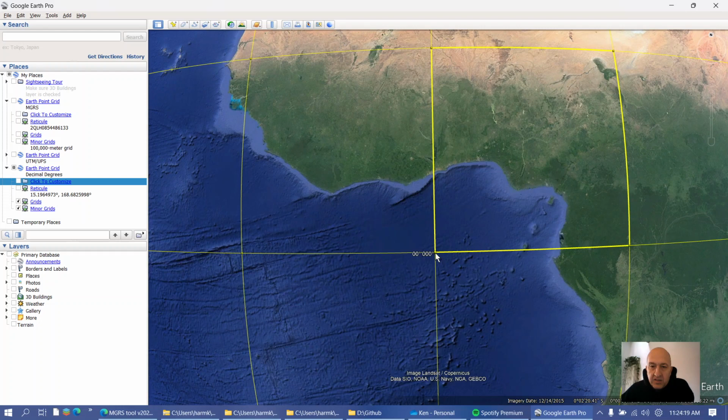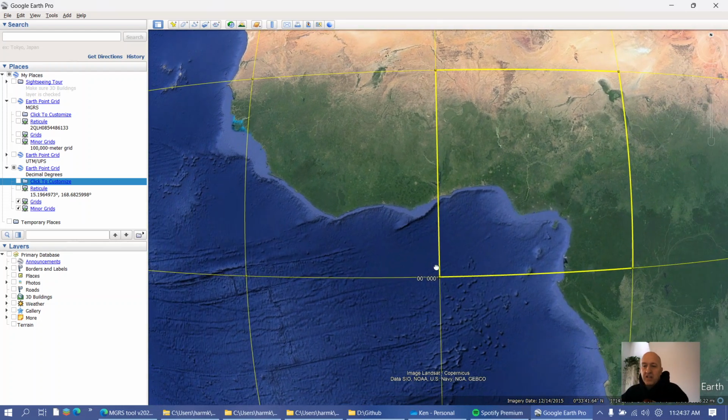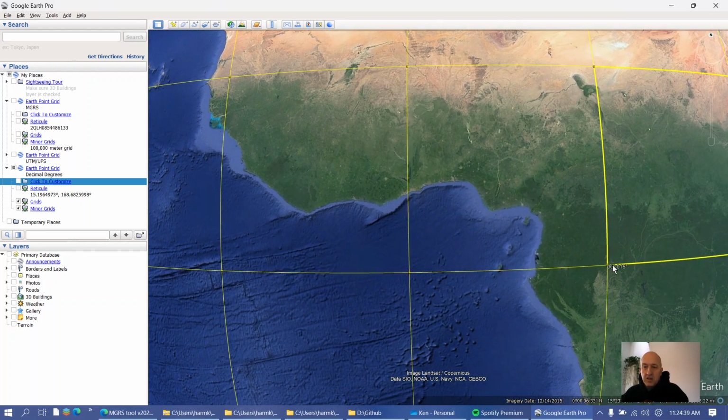That's where everything is measured from. As I go to the left, the latitude is still 0, but the longitude is turning negative. So we go around to the west, and that is negative longitude. As I go to the east, that's positive longitude.